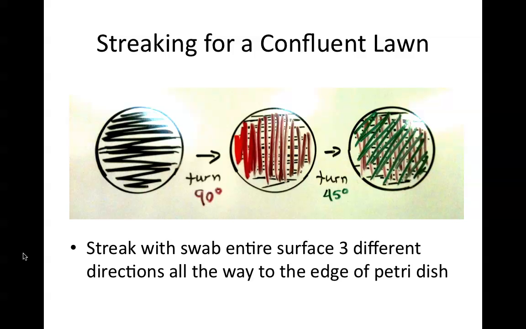So we've got the black streaks underneath going in one direction, the red streaks going perpendicular to those, and now we have these little green ones sort of obliquely across everything. Again, you want to keep your streaks really close together, closer than what I've illustrated on this drawing, so that we have a nice, complete, what we call confluent lawn, completely covering the entire surface of the agar plate.